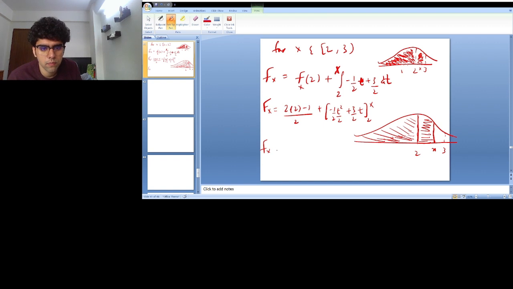So this becomes 2 into 2, 4, 4 minus 1, 3, 3 by 2, plus, now substituting the values, minus x square by 4 plus 3 by 2 x, and subtracting the lower limit, this gives me plus 1, 4 upon 4, and minus 3 by 2 into 2, so this gives me minus 3.